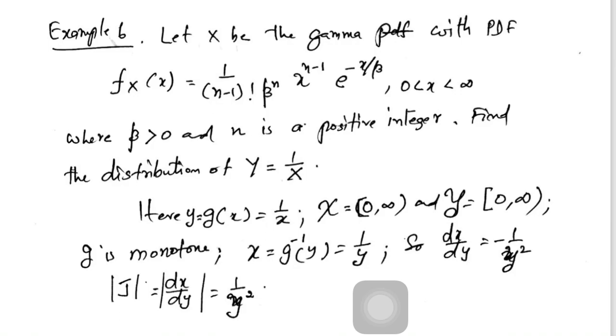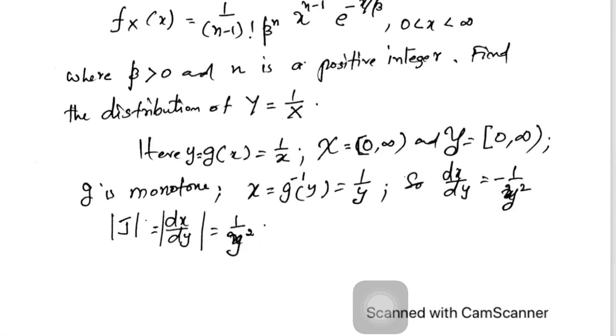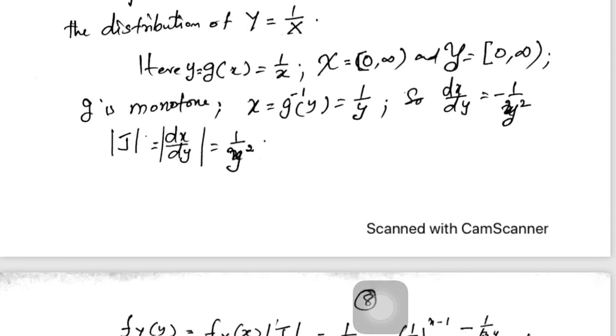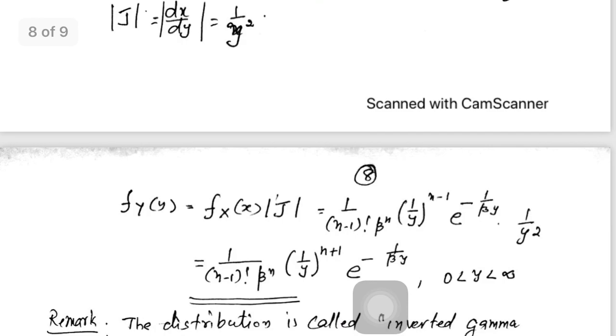Here y is equal to g of x, that is equal to 1/x, so x is equal to 1/y, the inverse function, and you can determine the derivative dx by dy as minus 1/y square, and therefore the modulus of the Jacobian is equal to modulus of dx by dy, that is equal to 1/y square. Okay, so you have determined the modulus of the Jacobian, and you can utilize the method of transformation.